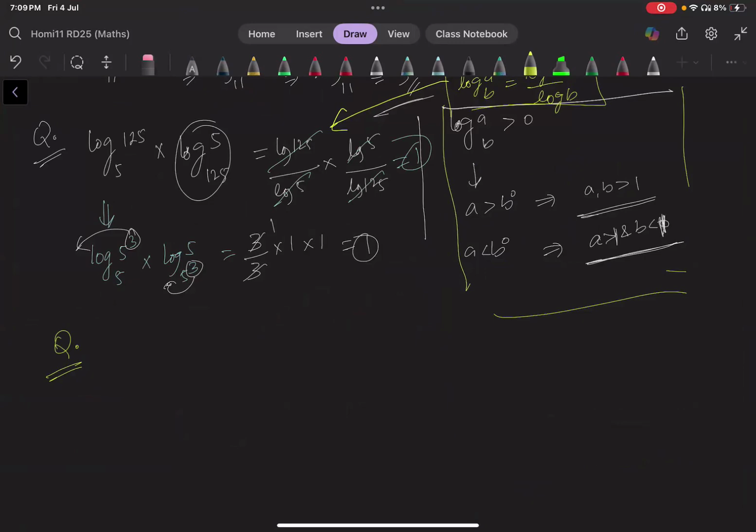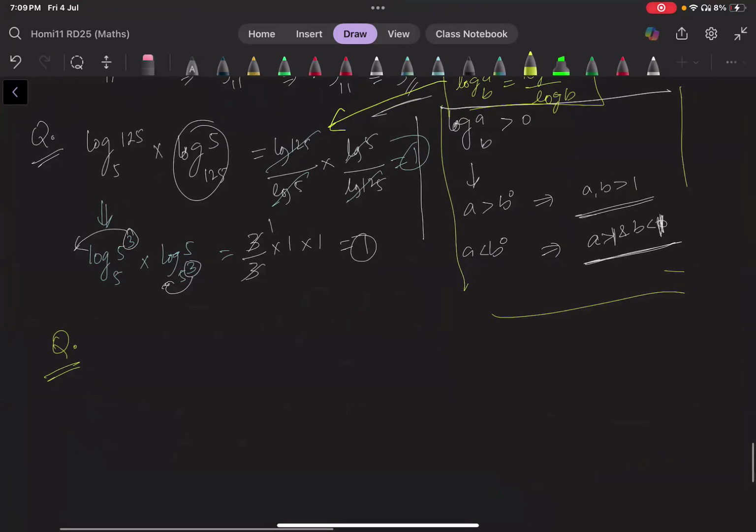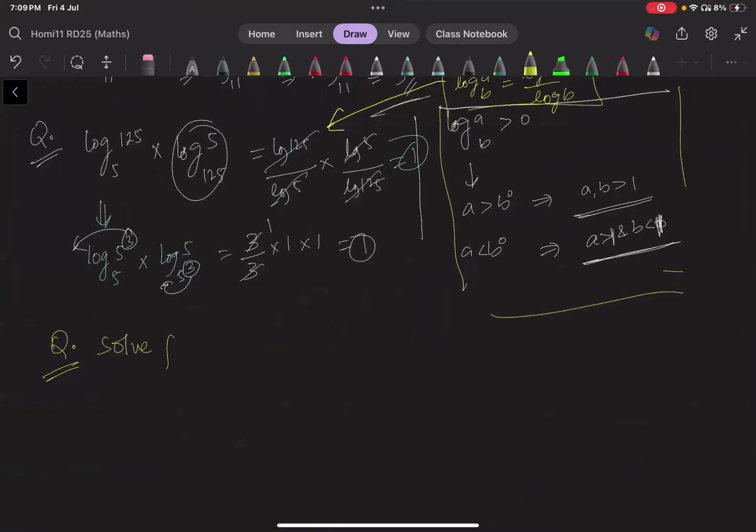Next question guys, let's suppose it is an equation we have to solve for x.